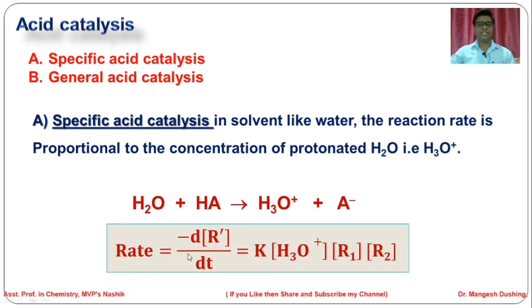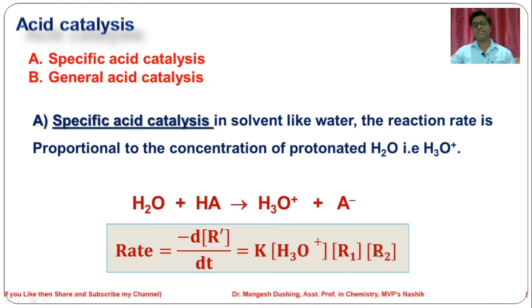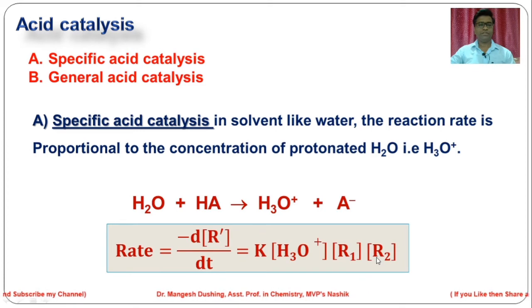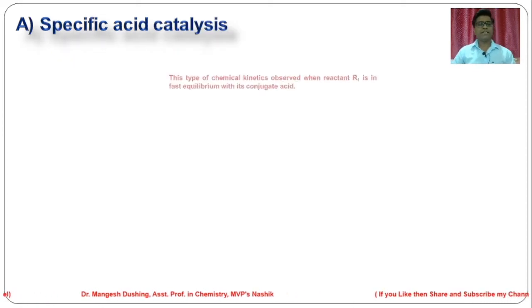So the rate of this reaction will be dr by dt equals, where k is the equilibrium constant. So the rate of reaction depends upon the concentration of H3O plus and the concentration of reactants, that is reactant 1 and reactant 2. For example, specific acid catalysis.